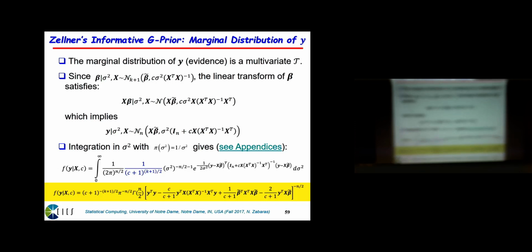So where did this term come from? Just look carefully and tell me. 1 over c plus 1 to a power k plus 1 divided by 2. Just try to imagine from where that term is coming. Obviously it's not coming from the prior, it has to come from the likelihood. So where did this term come from in the likelihood?